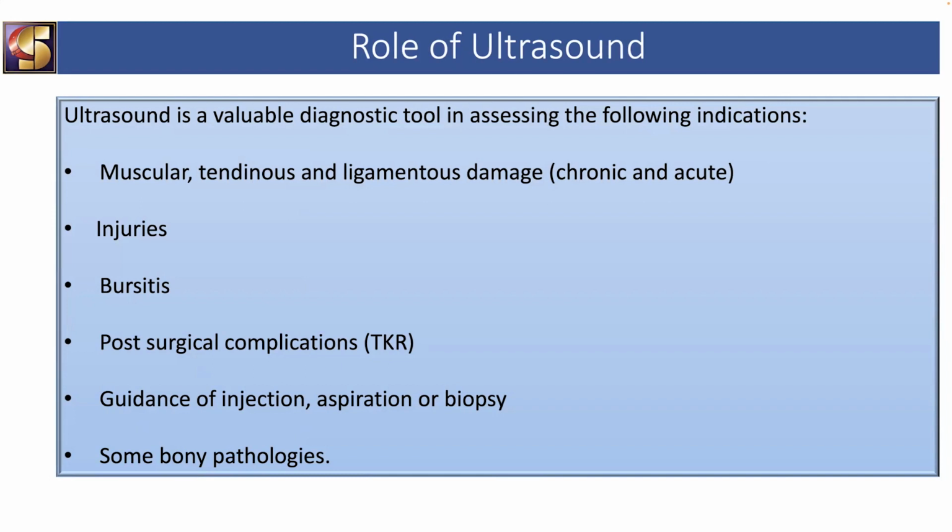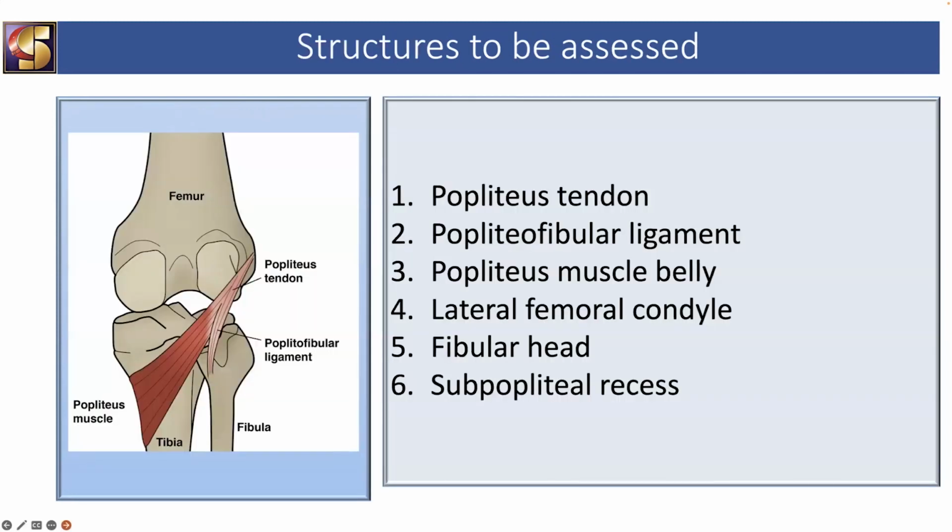We can evaluate some bony pathologies too. So what are the structures to be assessed? We will be assessing the popliteus tendon, popliteofibular ligament, popliteus muscle belly, the fibular head, and the subpopliteus recess.